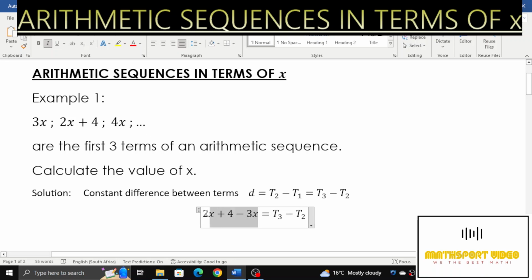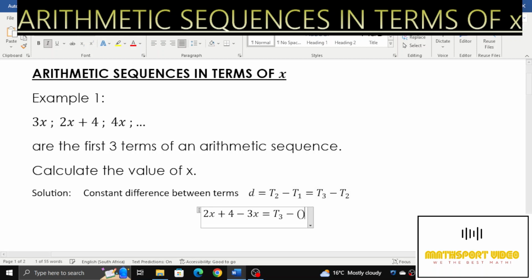So on the left-hand side, at least, it's quite easy to set that up because you are only subtracting one term. However, here you need to be a little bit more careful. Here you are minusing T2, but you will notice that the second term has got two terms, 2x plus 4. So you have to subtract both of those.